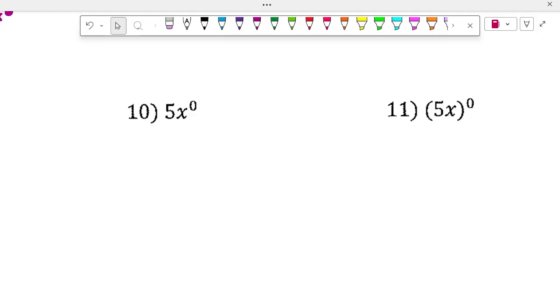So 11 is 1 because this 0 is applied to all of this. If I distributed, it'd be 5 to the 0, x to the 0, both of which is 1. But for 10, that 0 power is only affected to what? The x. So it's only the x that's 1. So 5 times 1 or just 5.